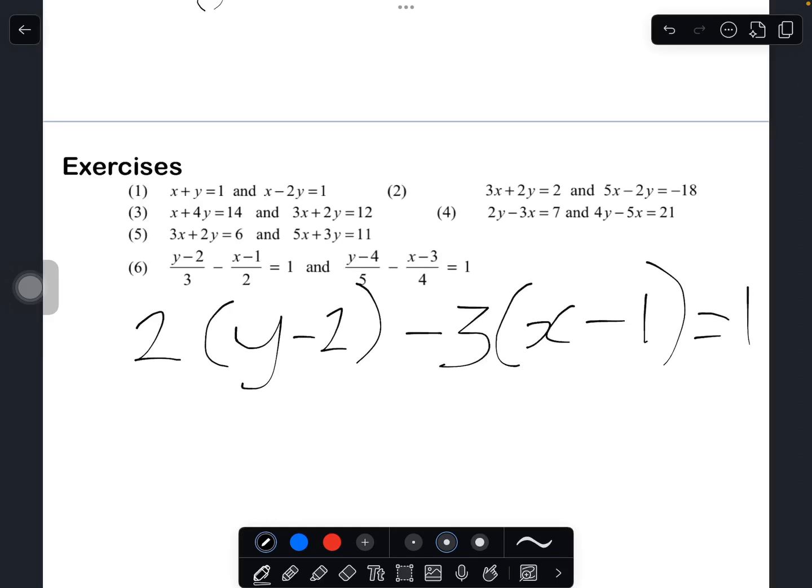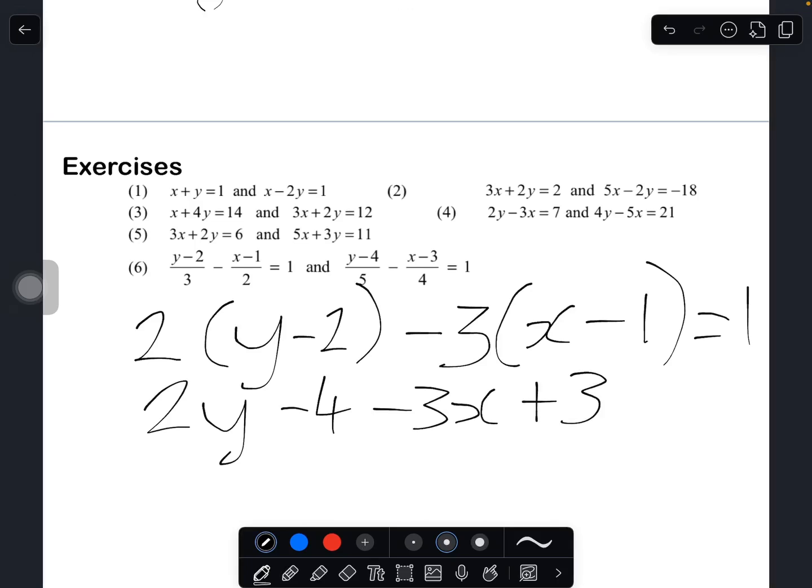equals 1, and now I'm left with 2y minus 4 minus 3x plus 3. A negative times a negative is a positive, equals 1.